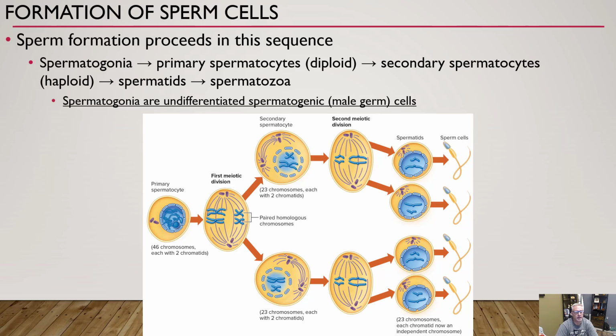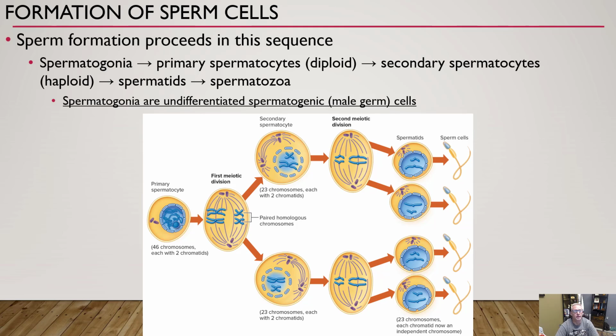And at the end of meiosis 1, we would have the 23 chromosomes with 46 chromatids.